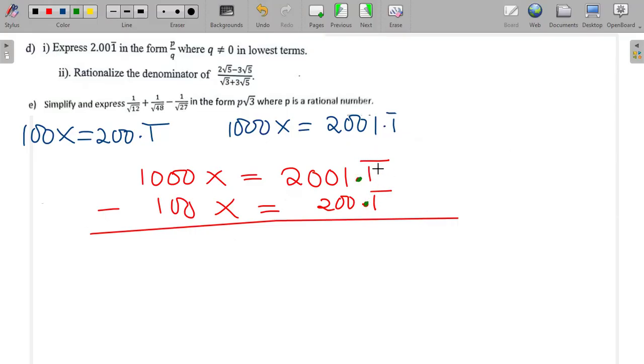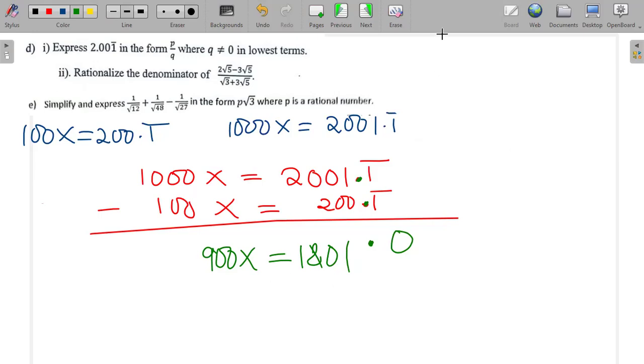You see we have 1 bar after the decimal point, so it's going to cancel out. That will just be 0. Now I have 1000 minus 100, so I get 900x equals, and then 2001 minus 200, which gives me 1801.